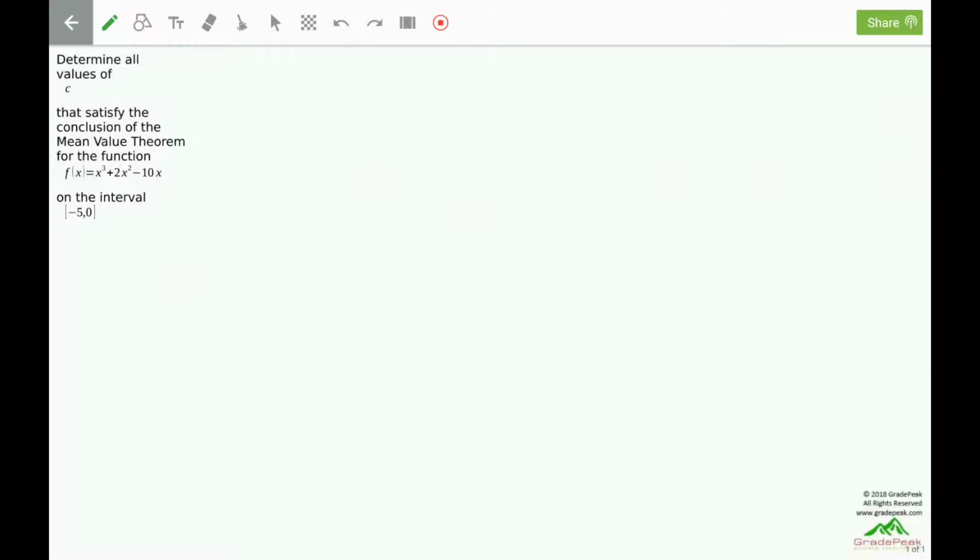The first condition is the function f of x, which is x cubed plus 2x squared minus 10x, has to be continuous on the closed interval given.